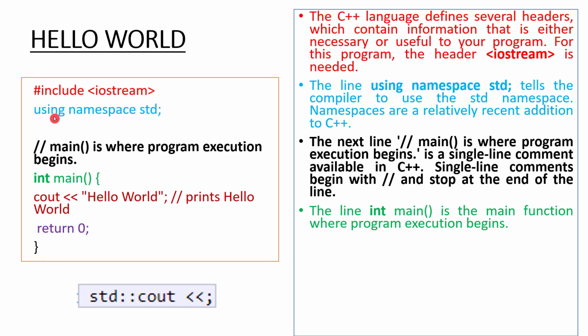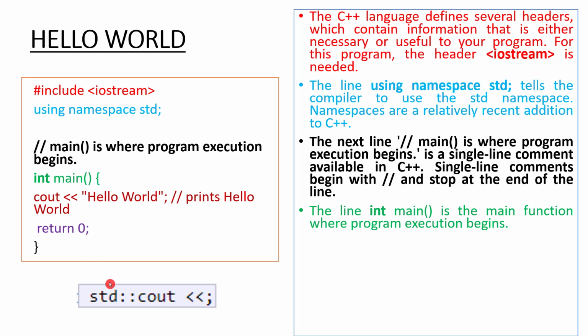Yeah, I told you we have provided using namespace std. If we didn't provide this one, we are supposed to write std:: before the cout, like this, with the semicolon here.